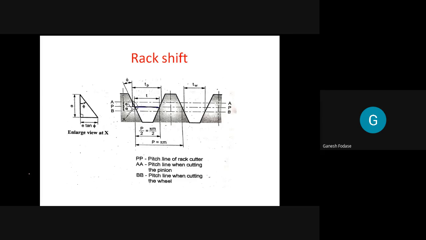As we saw in the previous section on methods to avoid the interference, for a wheel, addendum is decreased, while dedendum is increased. For the pinion, the reverse: addendum is increased and dedendum is decreased. I told you at that time, this is achieved by shifting the rack.